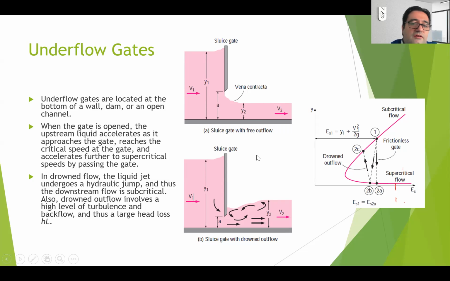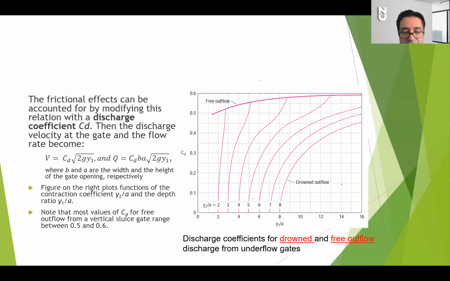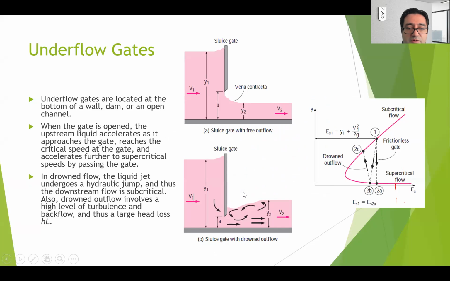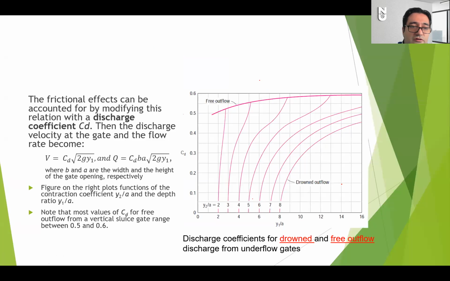And as I told you, there are two possible flows after the sluice gate, free flow or a drowned outflow. Let's have a look at how you can find which one. You may remember from the earlier parts of the lecture, and even in the fluid mechanics course, I explained these topics for sluice gates.